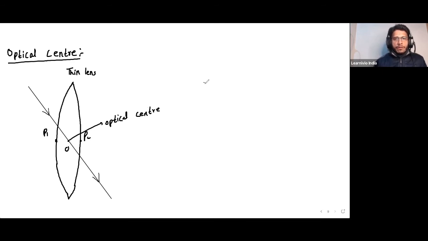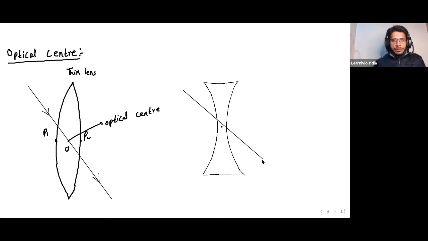Even if you have a concave lens, this is your concave lens and this is the optical center. The ray passing through the optical center will not undergo any deviation. So rays passing through the optical center will not deviate. It will go straight.